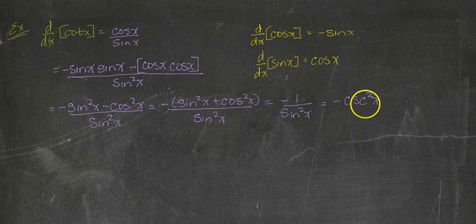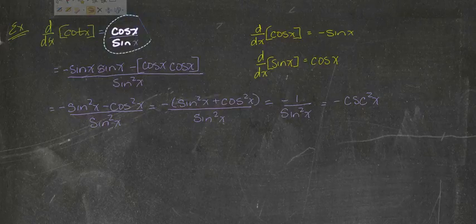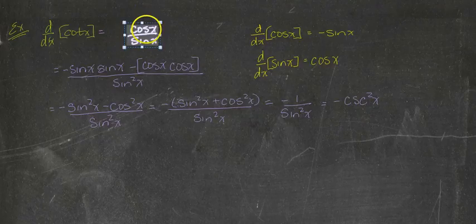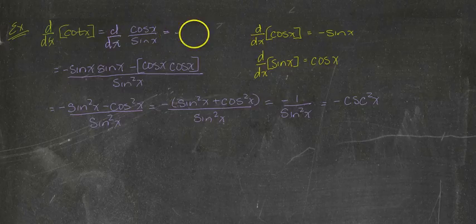So I can say that, and I should say up here, this was badly written now that I'm looking at it, that the derivative of cotangent of x equals the derivative of cosine x over sine x, and the derivative equals opposite cosecant squared of x.